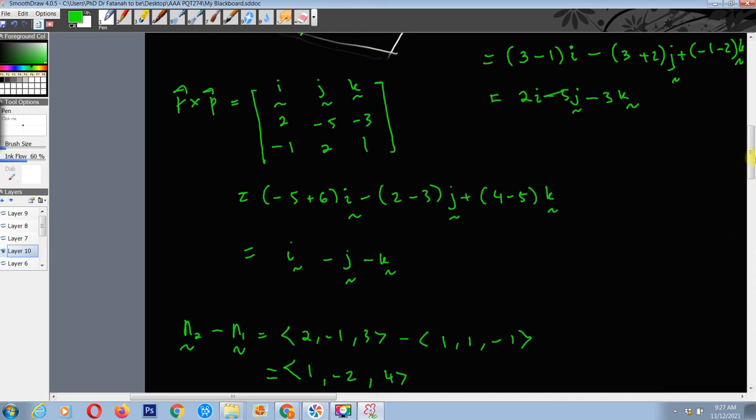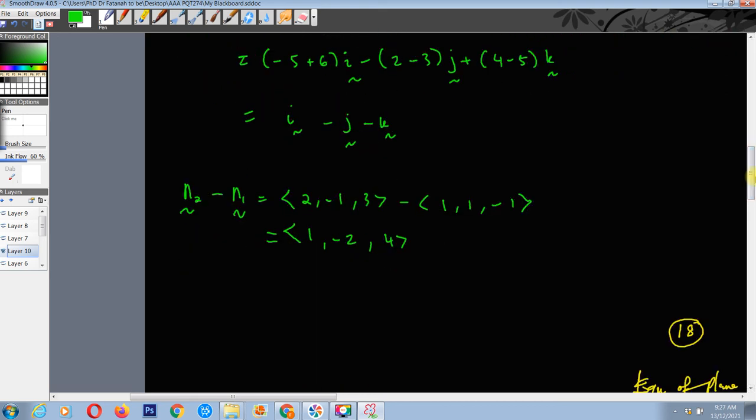But it only says that the plane passes through the line of intersection.